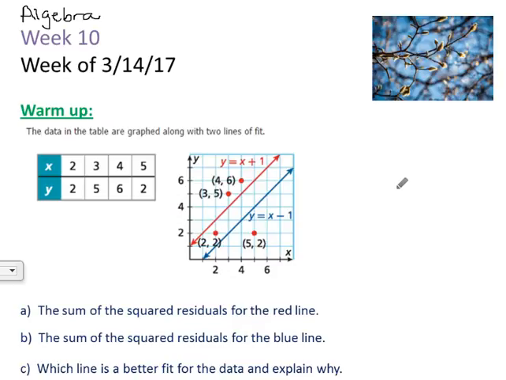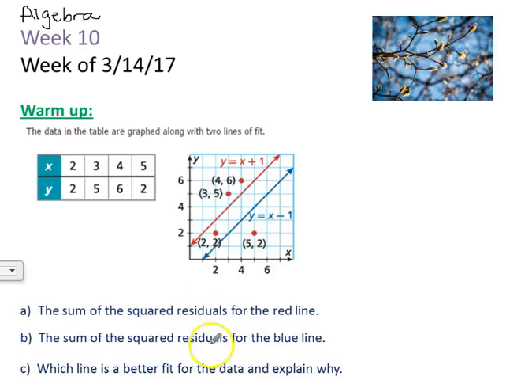So in this warm-up, we've got a data table, and the points from the data were plotted. So there's 4 data points, right? 1, 2, 3, 4. And then 2 lines of best fit were drawn in. And we want to figure out which line, the red one or the blue line, is a better fit for the data.